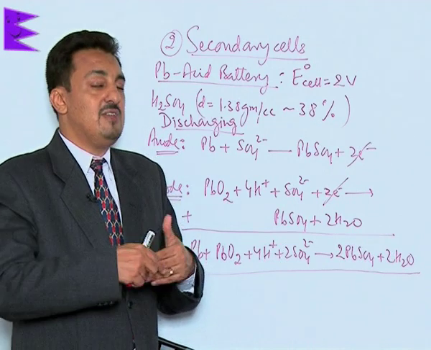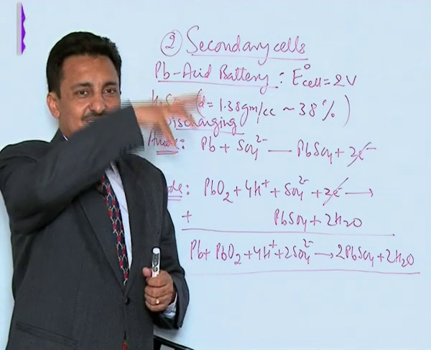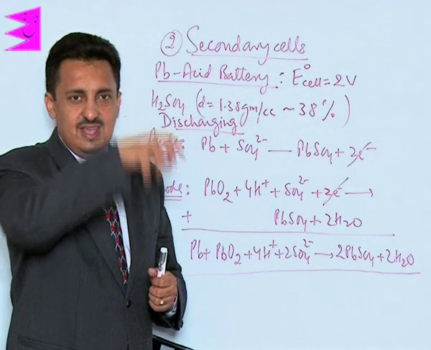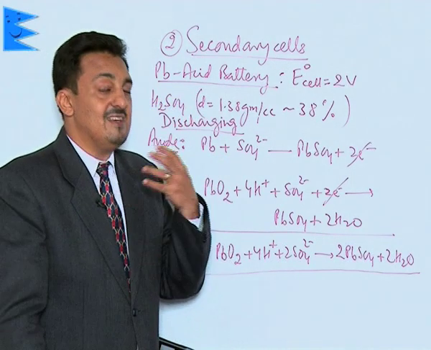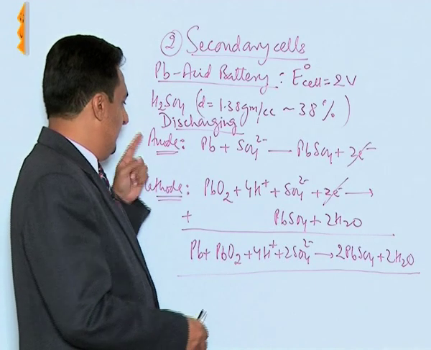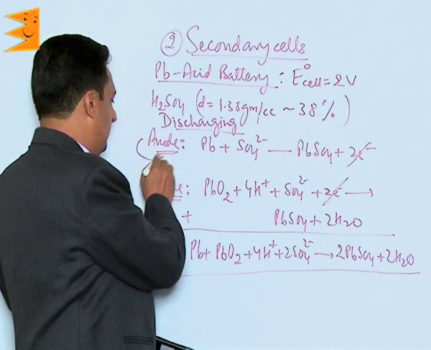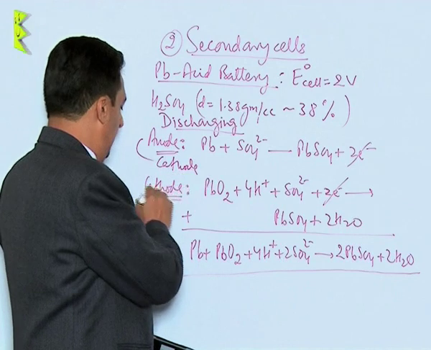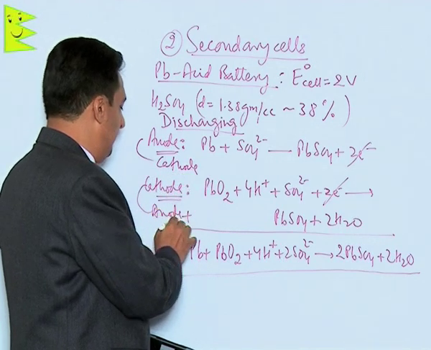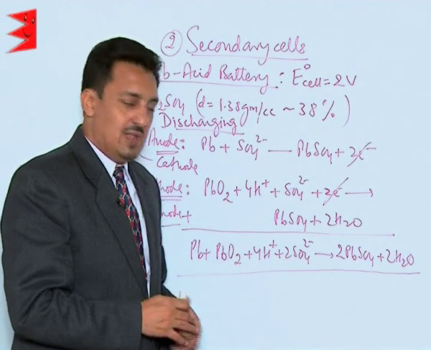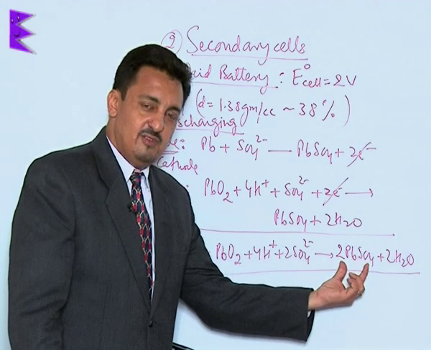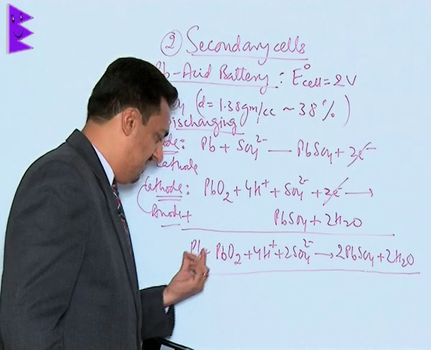Now when we do the recharging, the external source, the AC, gets converted into DC and is connected to the cell. During recharging, your anode becomes your cathode and your cathode becomes your anode, and just the reverse reaction takes place. All the lead sulfate which was formed at the electrodes gets converted to the respective lead and lead oxide.